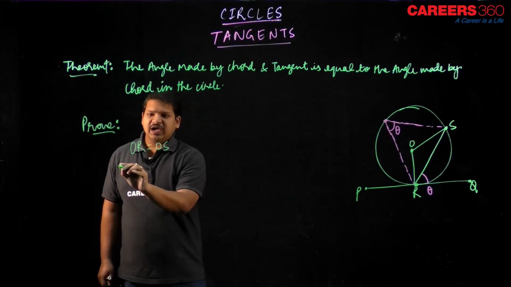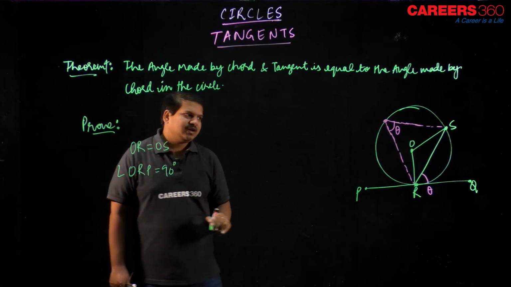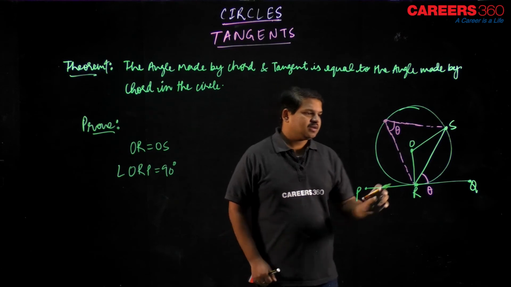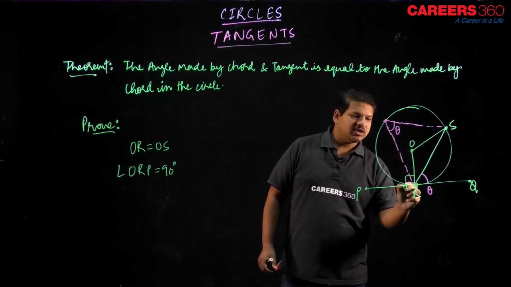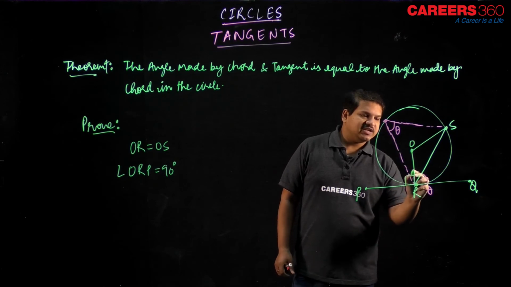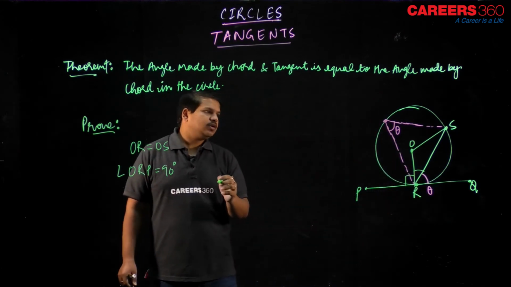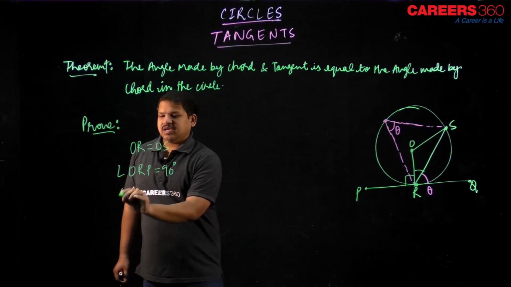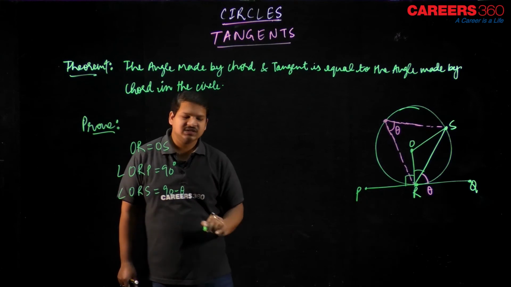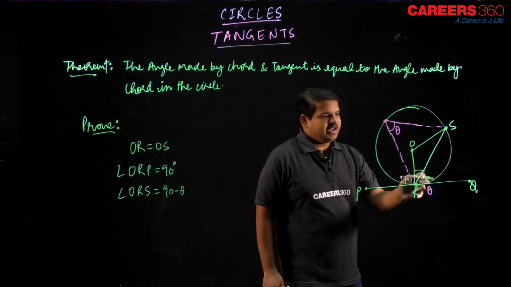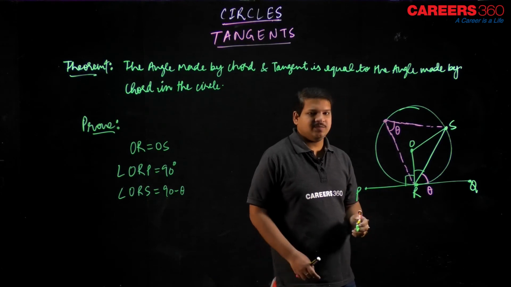And angle ORP would be what? 90 degrees. And if this angle is 90 degrees, then angle ORS will be what? 90 minus theta, because this complete angle is 90 and this is theta. So this will be 90 minus theta.